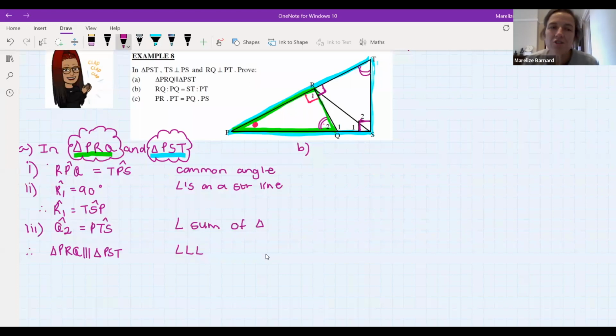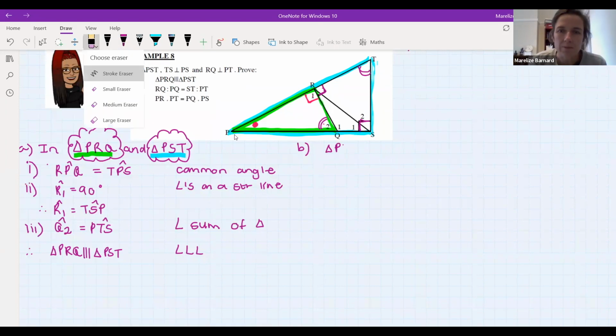So once you have your two triangles set up like this, where all the corresponding vertices are in the right order, like you see that P goes with P, R goes with S, and Q goes with T, then you're ready to know which of the sides are in proportion. So we've got triangle PRQ.